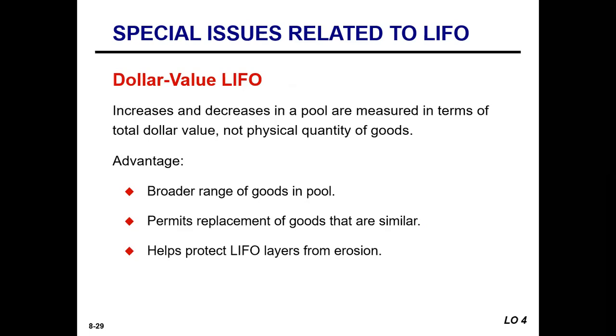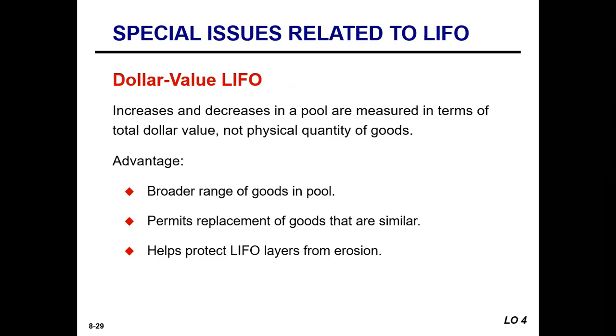So what companies have to do, and there's kind of two advantages, and I know it talks about this here, but the first advantage is the broader range of goods in the pool. So companies may include a broader range of goods in a dollar value LIFO pool.